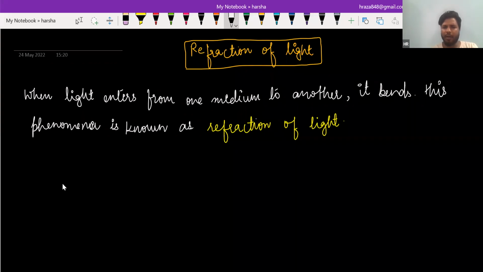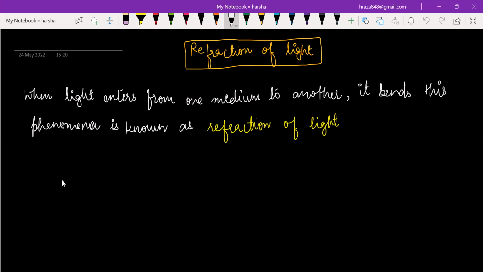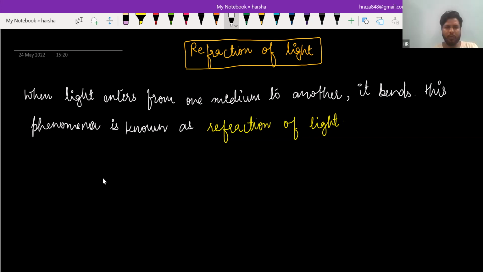So basically, due to this change in speed of light, when light enters from one medium to another medium, it bends. Are you getting my point, Abdullah, Hamna? Yes, sir.